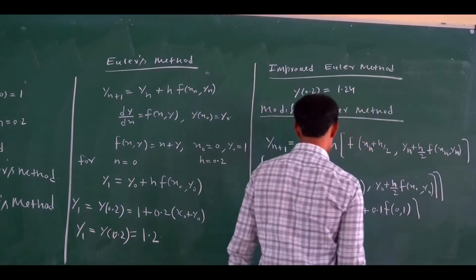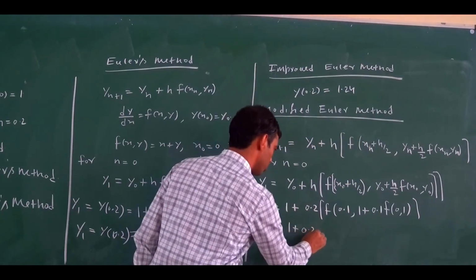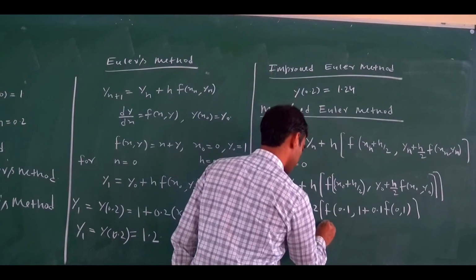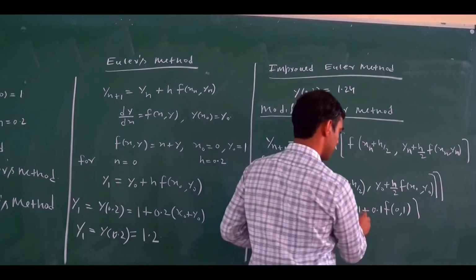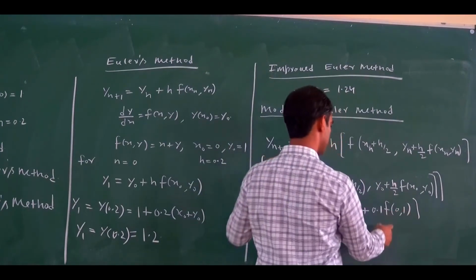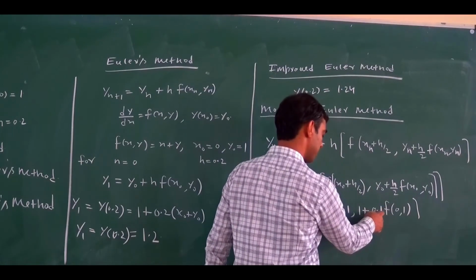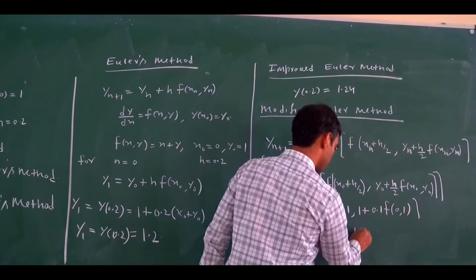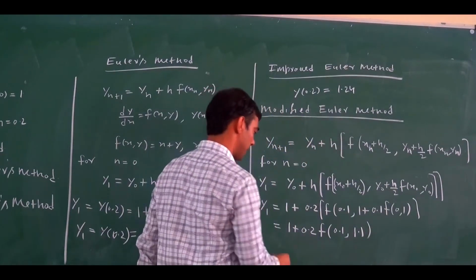So if we simplify this, it becomes 1 plus 0.2 f of 0.1 comma, and f of 0, 1 becomes 1 because x plus y is 1. So multiplied by 0.1 this becomes 1.1. And what is the value at this point?